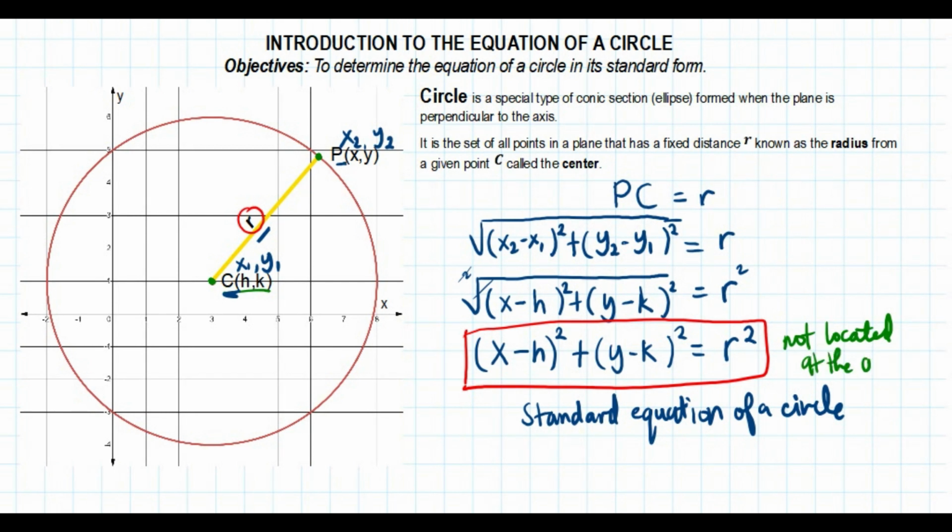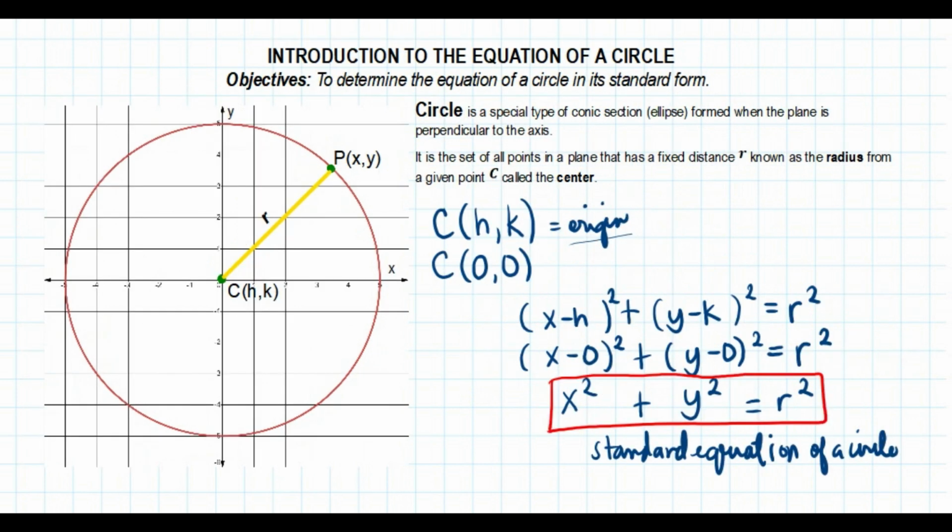Ang center. The center is not located at the origin. Ito yung gagamitin nating standard equation. Pero pag ang standard equation of a circle is located at the origin, ito po ang ating gagamitin. So, dyan nagmula ang standard equation of a circle.